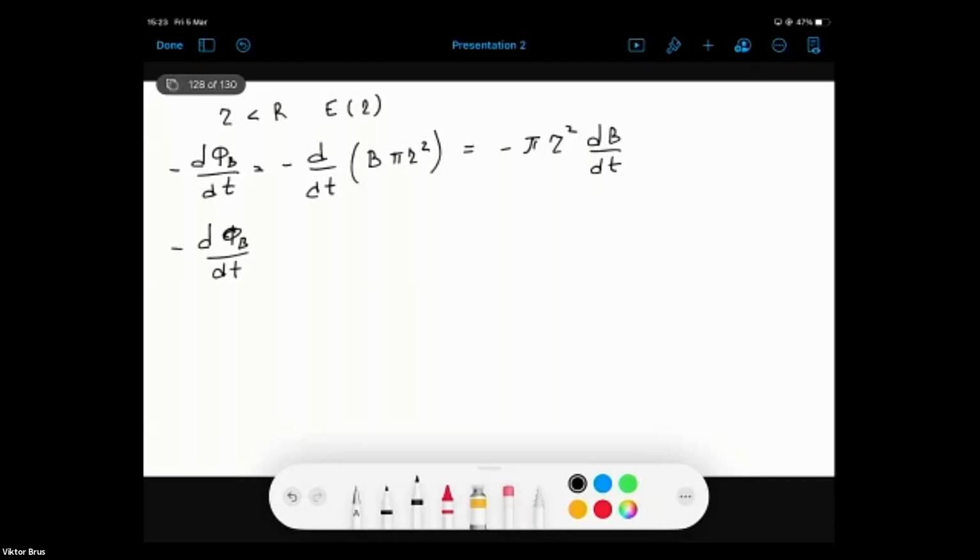dΦB over dt is equal to minus pi r squared mu naught n I maximum d cosine omega t over dt.